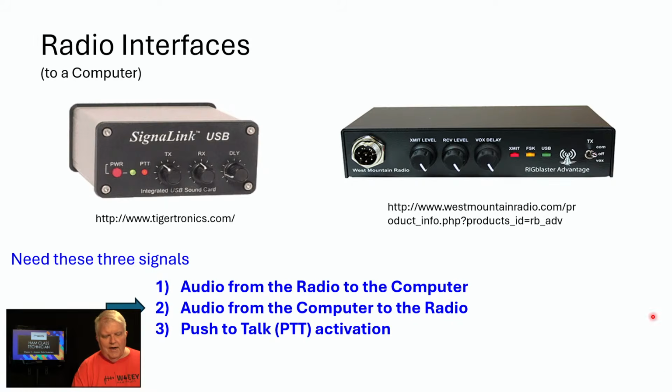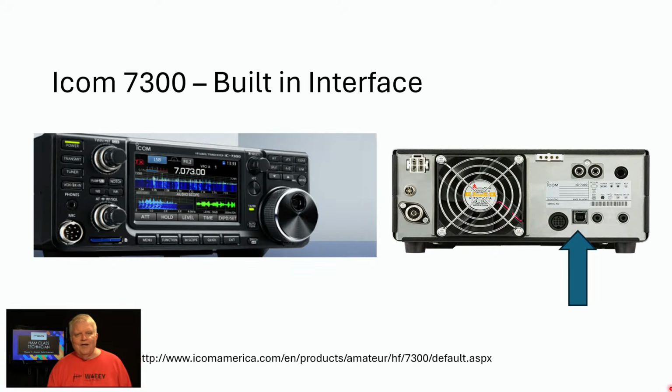These were very popular, and then manufacturers got smart and they built them into the radios. So the ICOM 7300 is a very good example. This is the most popular amateur radio transceiver. Over 100,000 units have been sold. It's an HF transceiver from 160 to 6 meters.